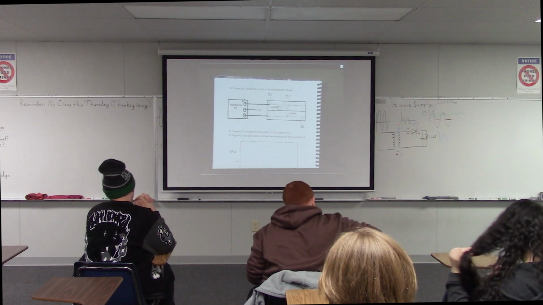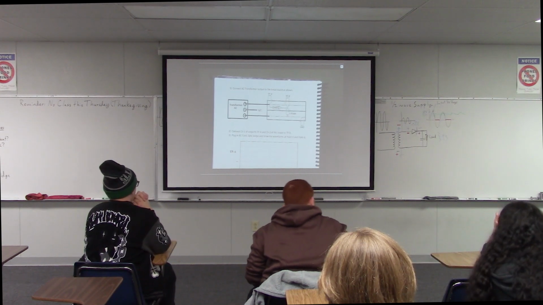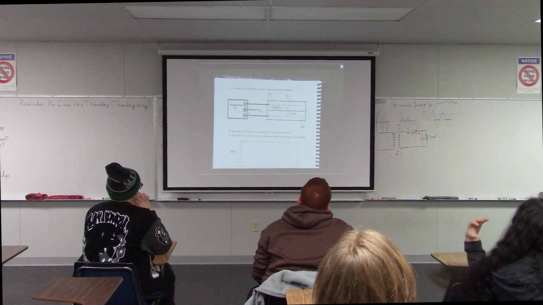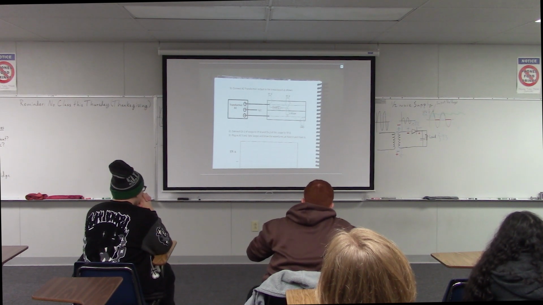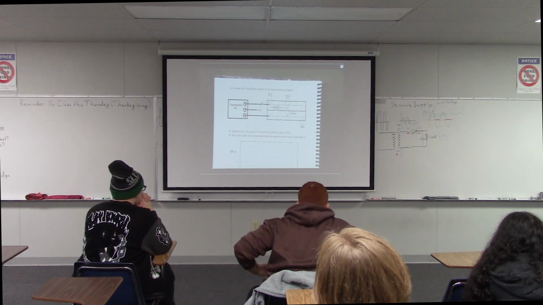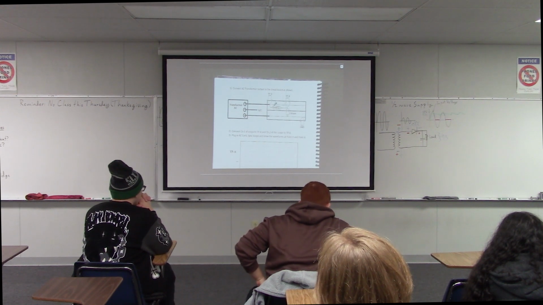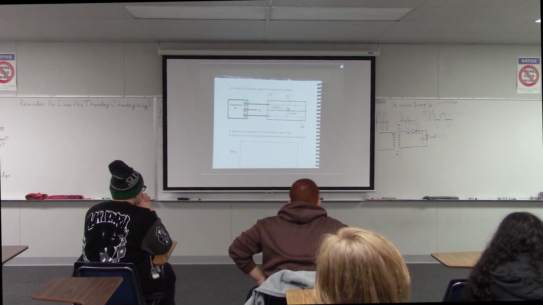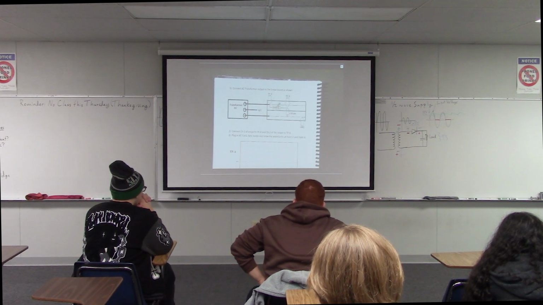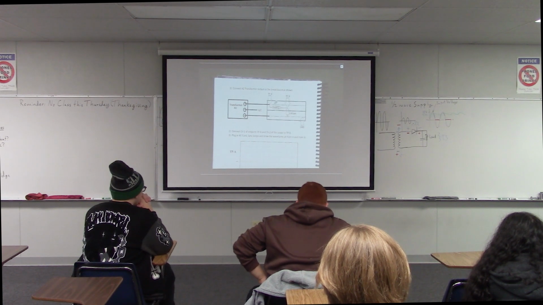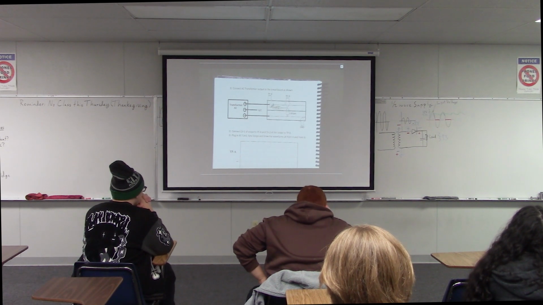This is the type that actually plugs into the wall, and you've got 3 outputs there. So you can use these outputs, and then you're going to construct the circuit as it's shown here on the breadboard. This 1N4001, that's the name for a type of diode. So you're going to put a diode in there.